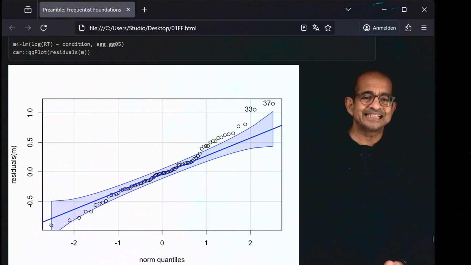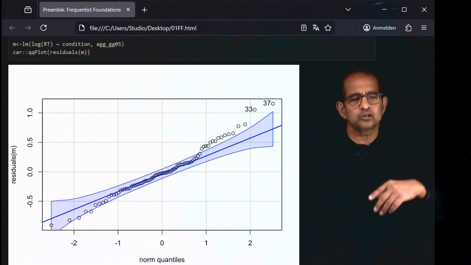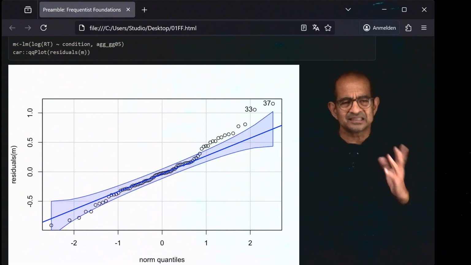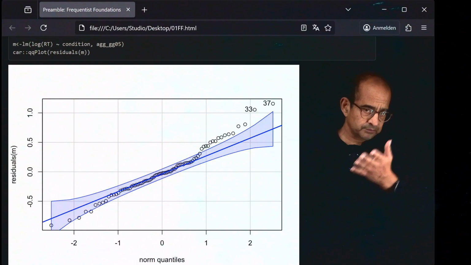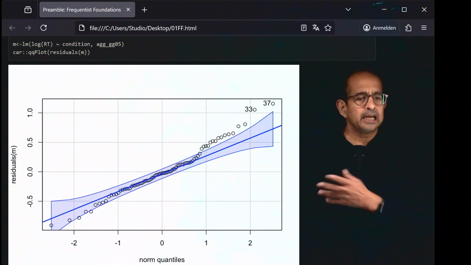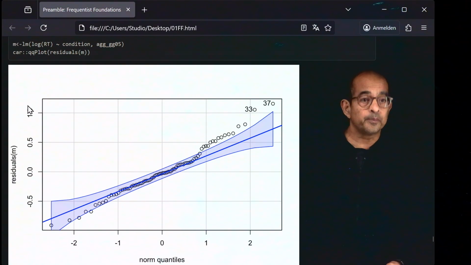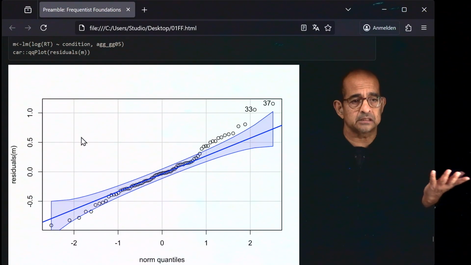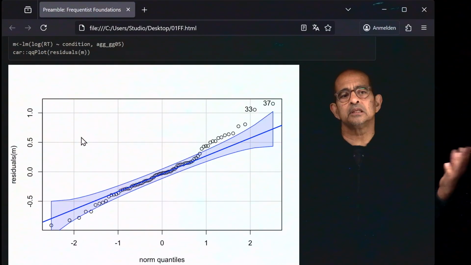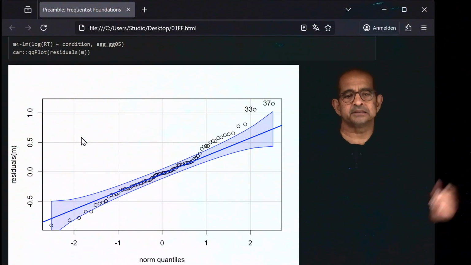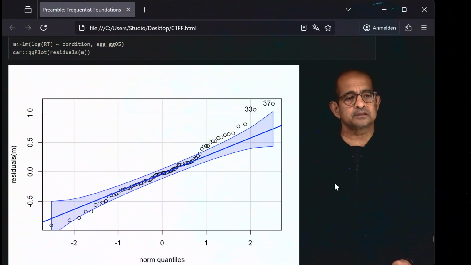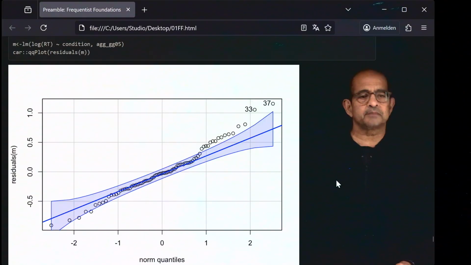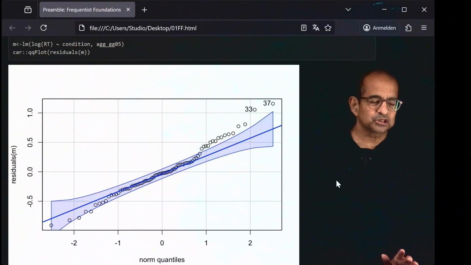You will never get exact normality of residuals, right? So that's why statistical tests like the Kolmogorov-Smirnov test or whatever are not super useful. What statisticians do is they just eyeball the residuals with this kind of plot, the QQ plot, and they check if the normality assumption is approximately satisfied. In the real world, you will never get exact normality, so we have to just live with the fact that satisfying the normality assumption approximately is about as good as it will get.